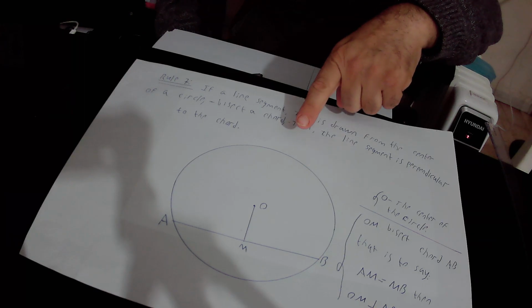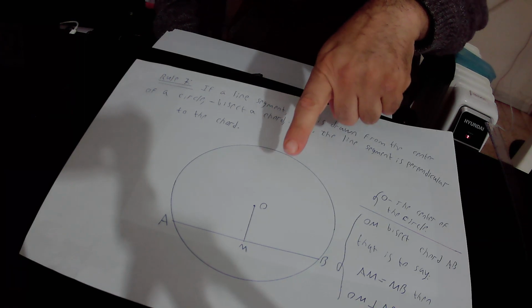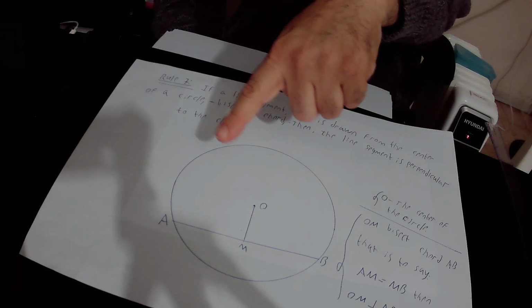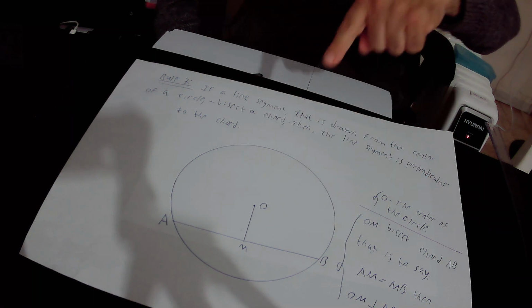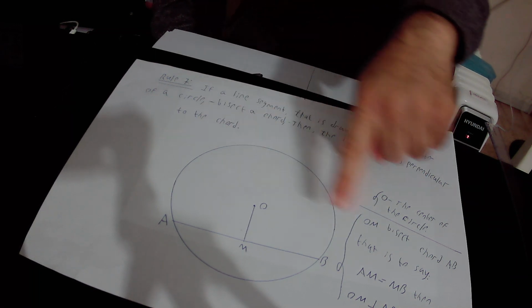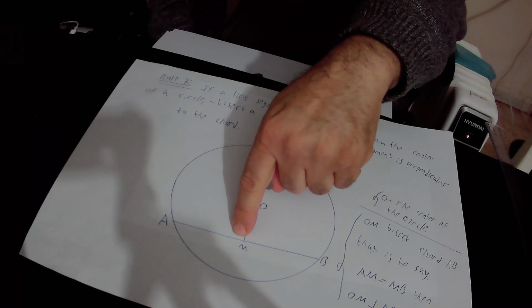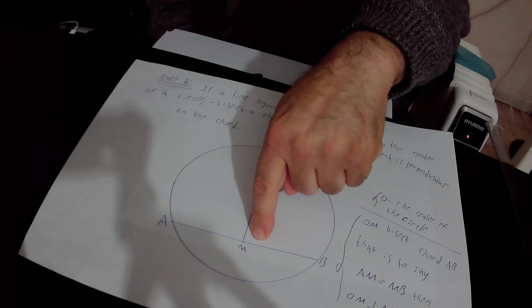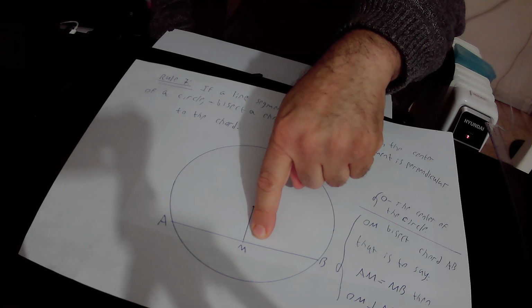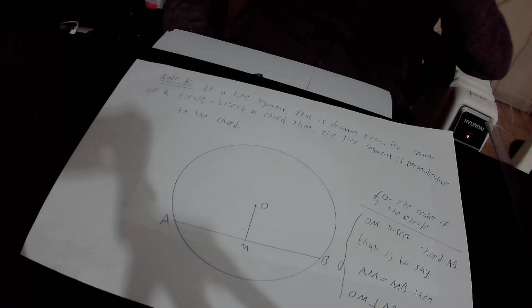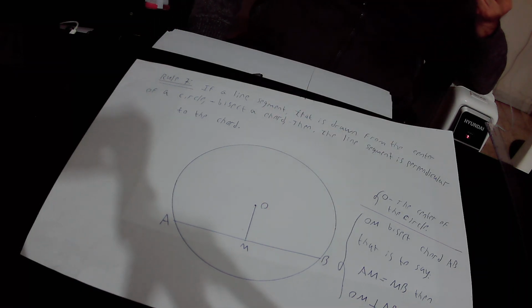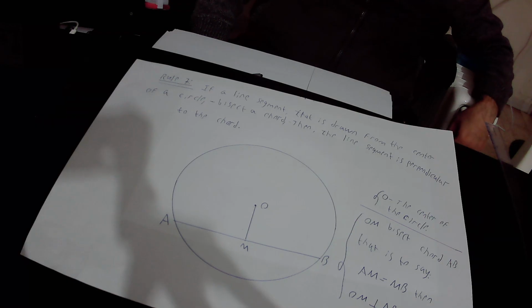That is to say, because OM bisects AB, that is AM equals MB, therefore OM will also be perpendicular to AB. This angle equals 90 degrees and this angle equals 90 degrees, according to rule number 7. Again, whenever you have a line segment from the center of a circle that bisects the chord, then the line segment must also be perpendicular to the chord, like in this drawing.